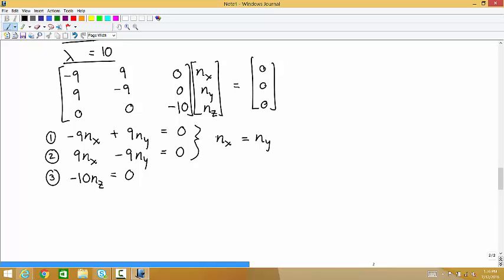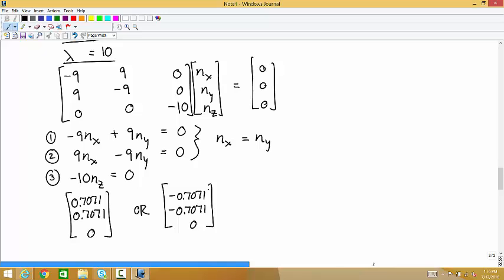Pick nx equals ny equals 50, then you get the vector 50, 50, 50, normalize it, and you'll get 0.7071, 0.7071, 0. It also works with the vector in the exact opposite direction. It always does. So the other possibility is negative 0.7071, negative 0.7071, 0. We can take our pick of those two.